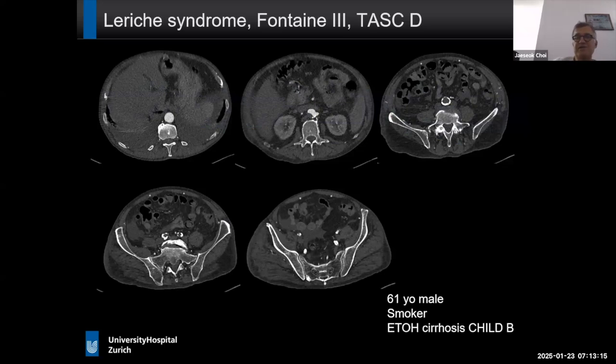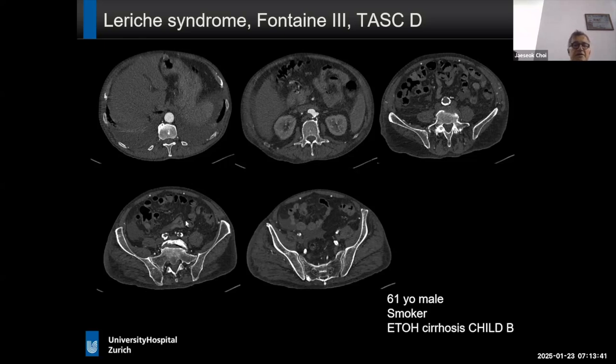That's a 61-year-old male patient, smoker. And you can see here he has a recurrent hydrothorax that's related to his liver cirrhosis class B. If we follow the aorta, then here infrarenally there's a mural thrombus which further down completely occludes the aorta.